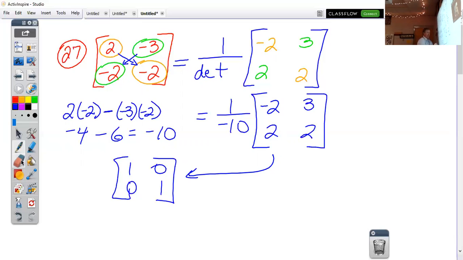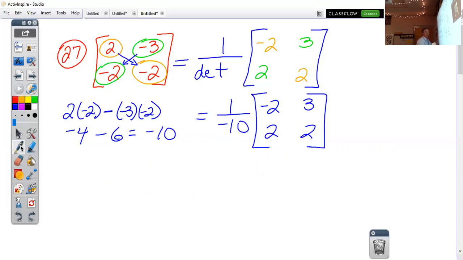Now, if you put this in your calculator, or if you're doing this on an ACT test, I want you to understand, it might not give it to you like this. Can we multiply these? Yeah, that's my scalar outside. I know for sure if you're doing it in your calculator, they're not going to put this out front. But on the ACT, they might leave this out front for an answer. On your calculator, it's going to multiply that negative 1/10 in.